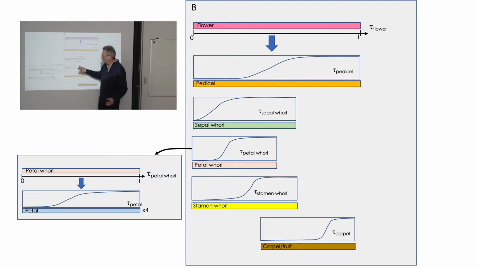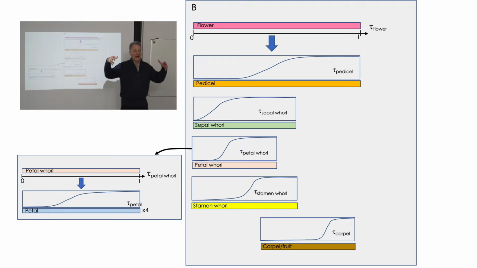And then in the whorl, you could also see each petal, how it should develop, and how the petal whorl tau should align on the petal tau. Okay, so you have a sort of hierarchy of timeline alignment functions, and if you give this hierarchy, then you synchronize everything in your system.